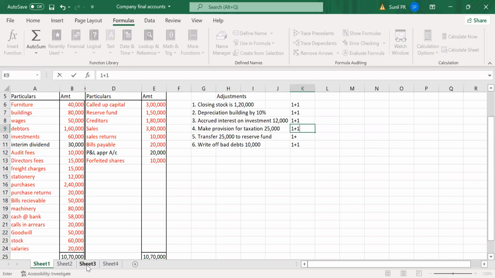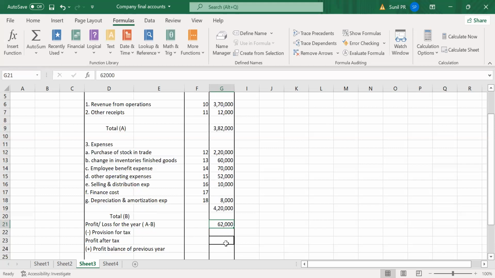So 2 times only. One we will take in the balance sheet note under short-term provisions. Now it is going to come in the P&L account.